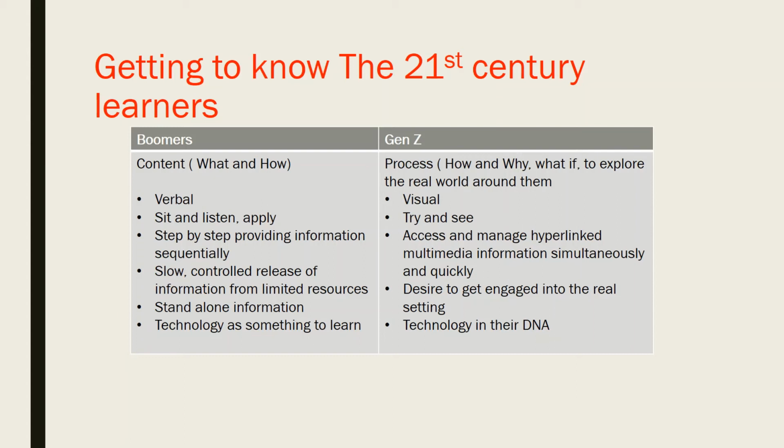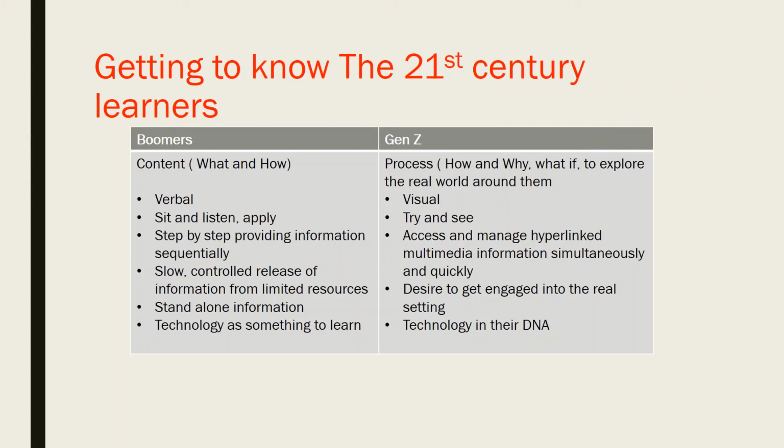For boomers, step by step, providing information sequentially. But for Gen Z, access and manage hyperlinked multimedia information simultaneously and quickly because of the information highway, through the help of the internet. Boomers, slow, controlled release of information from limited resources.